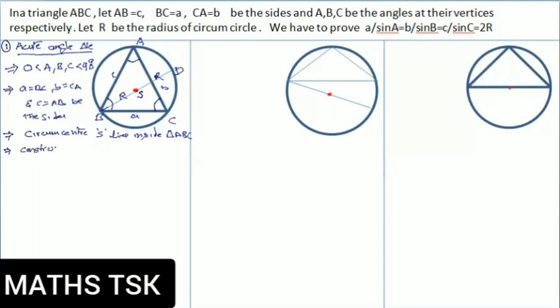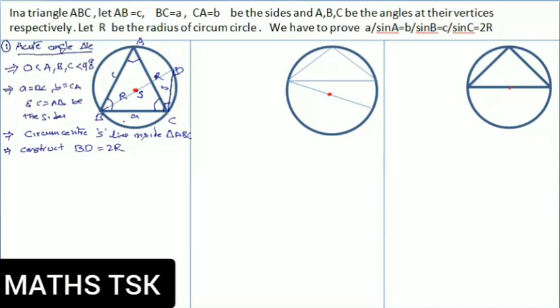So construct BD. BD is equal to 2R. Now, if you join D and C, a triangle will be formed. It is nothing but triangle BCD.